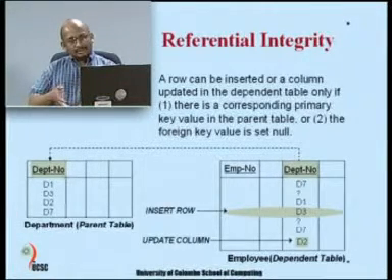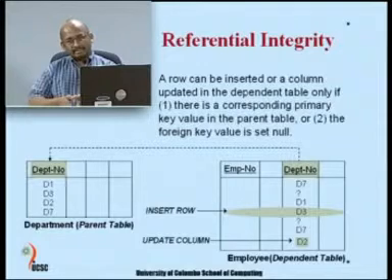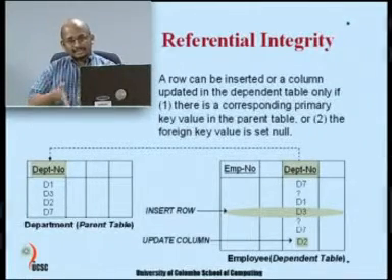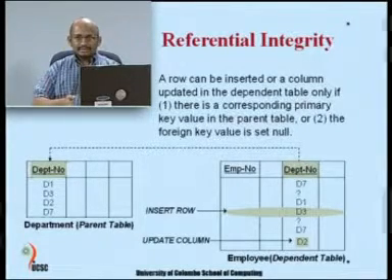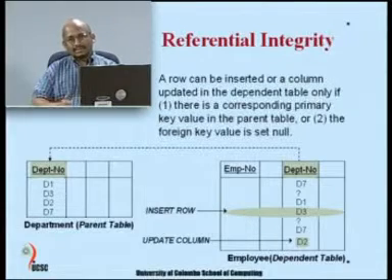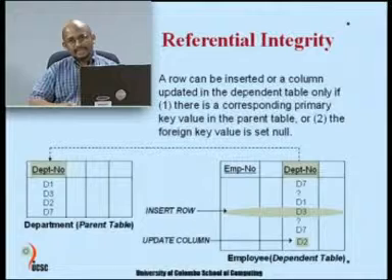Now, you can have several employees working for the same department. So, as a result, in this employee table you will find several instances of D1 or several instances of D2 and so forth. But in the primary key table you can have only one D1 instance or one D2, because it is a key, meaning it has a unique characteristic.